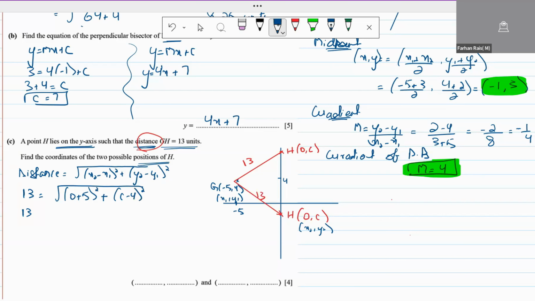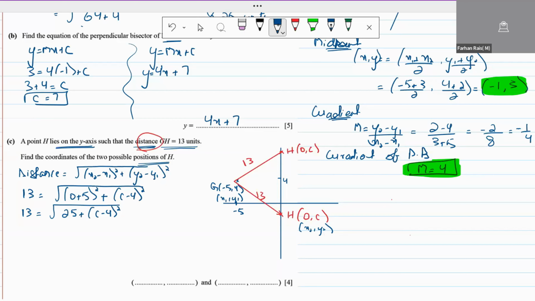Simplifying it further, we get 13 equals the square root of (0 plus 5, that's 5, 5 squared is 25) so 25 plus (c minus 4) whole square. Now we have this square root to get rid of. To finish the square root, we'll square both sides.